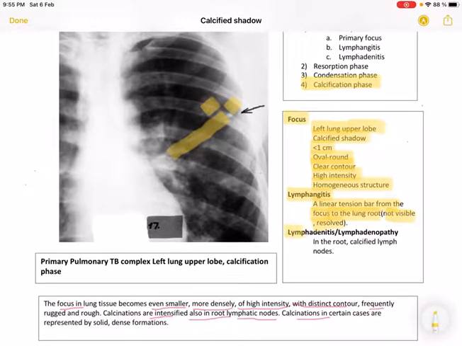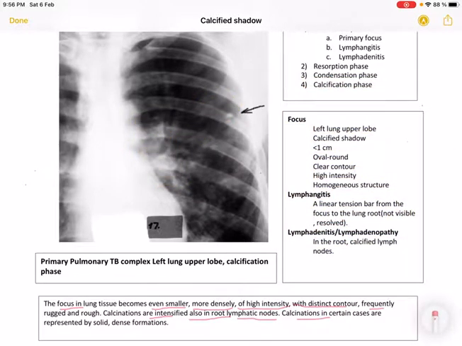And if you talk about the lymphadenopathy at the hilar lymph nodes, we can also see a calcified mass. The lymph nodes are also calcified. So in the lung root, calcified lymph nodes are visible. In this way, we can explain our X-ray image.